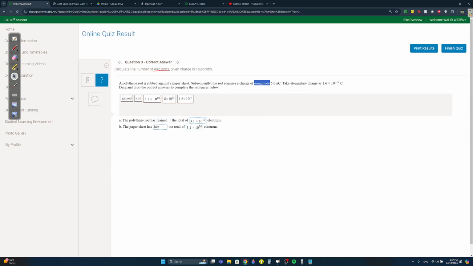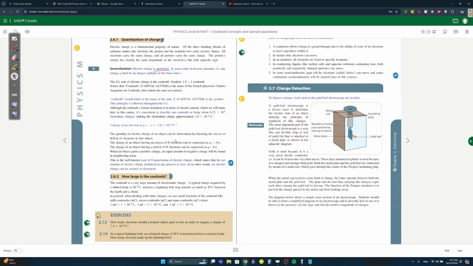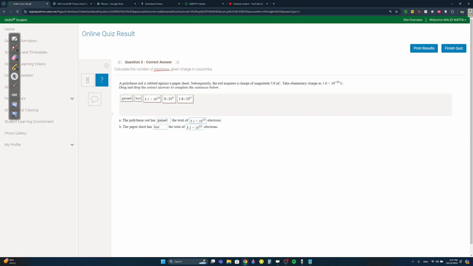It doesn't really matter until you change your answer to positive or negative at the end, depending on whether the object is positive or negative. Like here, if they asked you to calculate the charge, say they told you 5 electrons and the elementary charge, calculate the charge on the polythene. You know that polythene is negative, so you make the final charge negative. Here they said calculate the final charge on the paper. You know that paper is positive, so you just do the calculation and keep your answer positive.